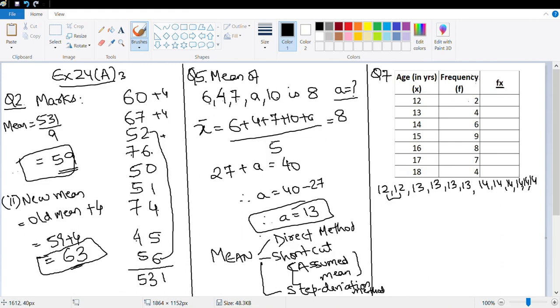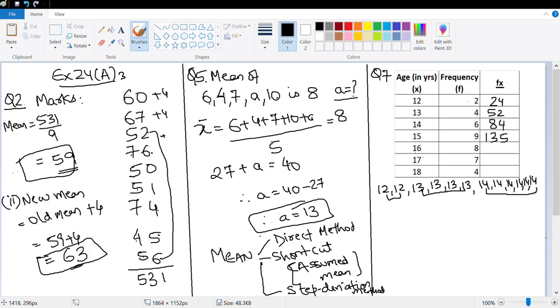So age I have taken as x, frequency, which is number of people, as f, and I multiply. 12 plus 12 gives me 24, which is basically 12 into 2. 4 times 13, which is 13 into 4, that's 40 and 12, that's 52. 6 times 14, that's 60 plus 24, that's 84. 15 9 times is 15 into 9, that's 90 plus 45, that's 135.